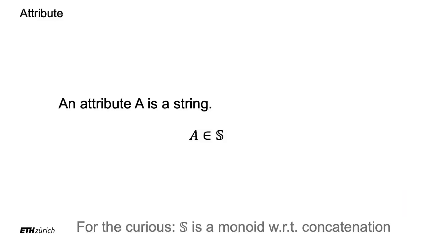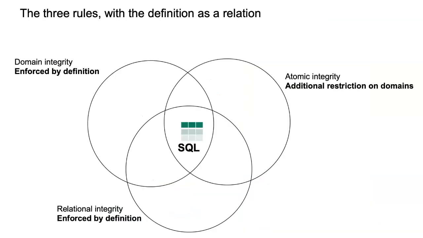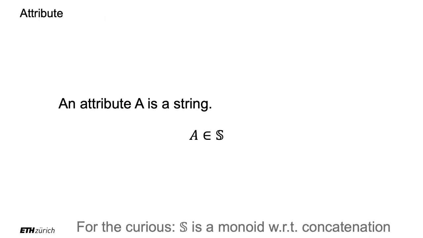So let's now again focus for a moment on the attributes. What is an attribute? Because I didn't have them here, right? I just have numbers. So if I have attributes and I want to give them names, then technically an attribute is a string. It's an element of S. And here, for those who are bored, I'm giving you a fun fact: the set of strings, if you have theoretical computer science, is called a monoid.